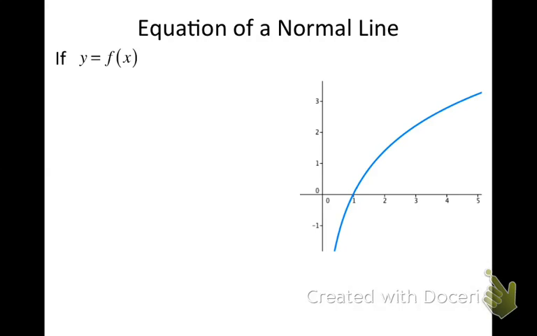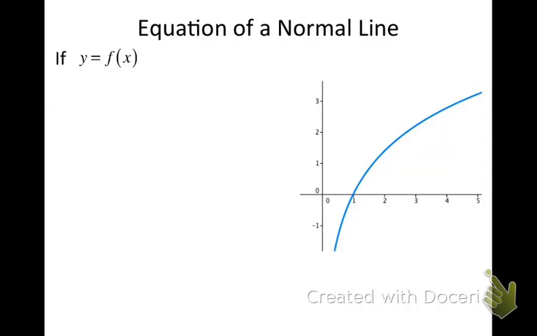We're going to start the same way that we did the last video, where I've got a function y equals f of x, and this is the curve of that function. Now let me use the graph over here to explain what a normal line is. A normal line has a very specific relationship to a tangent line.